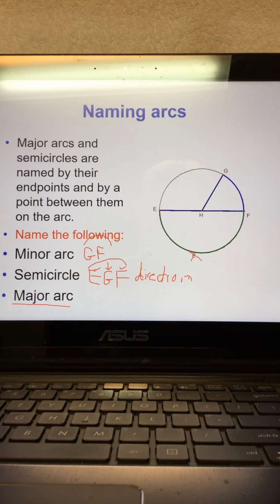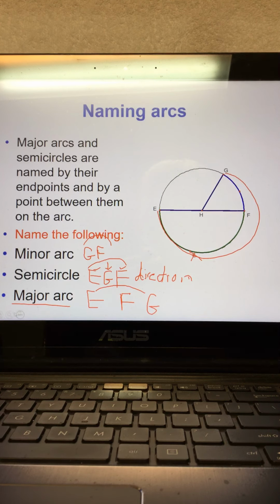If I go from E around to F, that would be a semicircle, and keep on going past that. So starting at E to F to G. Started at E, F gives me my direction, and G tells me where to stop. I'm sure you can do much better than I did on writing that.